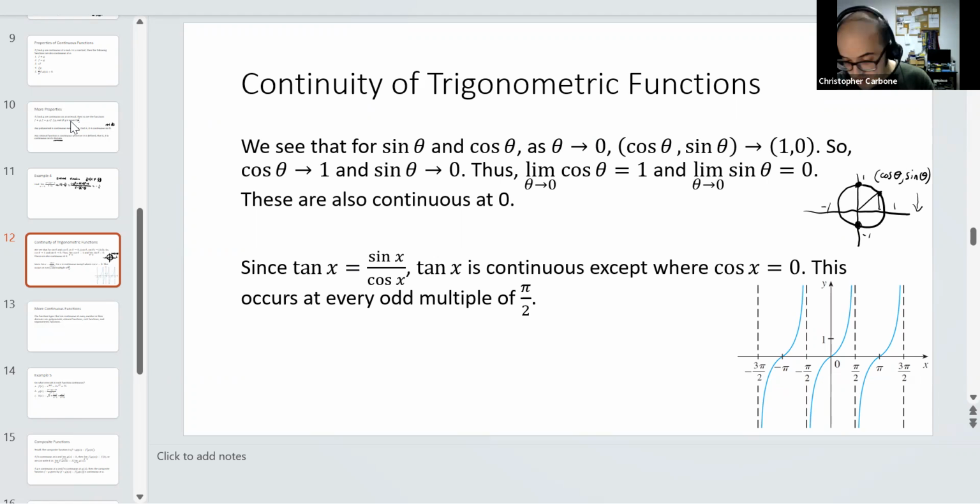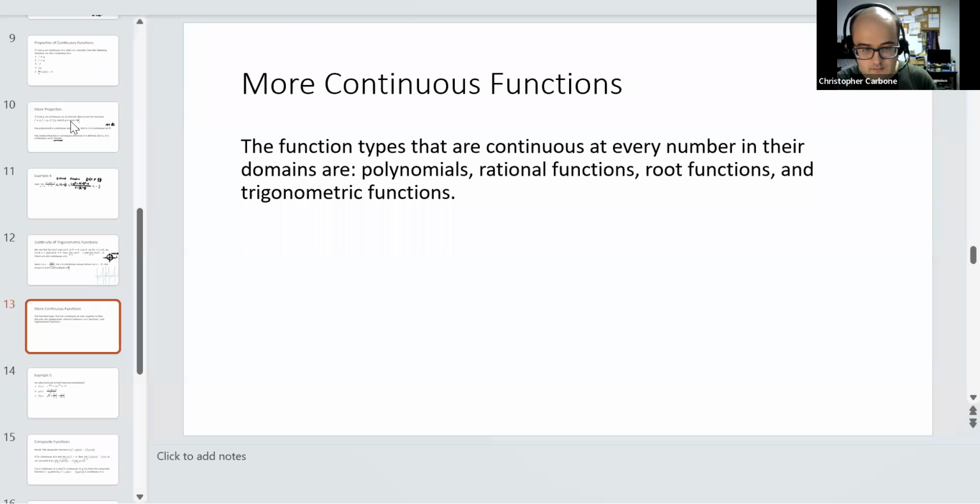So every odd multiple of pi/2, as we can see in our tangent of x graph down here. The function types that are continuous at every number in their domains are polynomials, rational functions, root functions, and trigonometric functions.